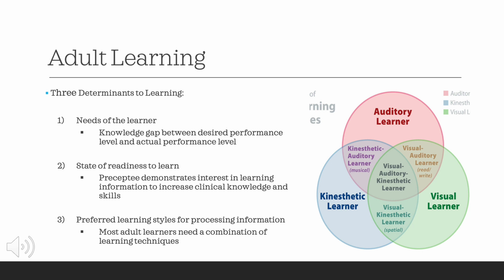The third is the preferred learning style for processing and learning information. Studies have shown that most adult learners need a combination of learning techniques. So this means to the right that adult learners need learning techniques that are in the cross-section of these circles.